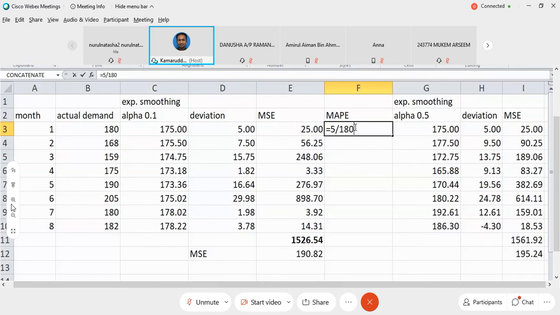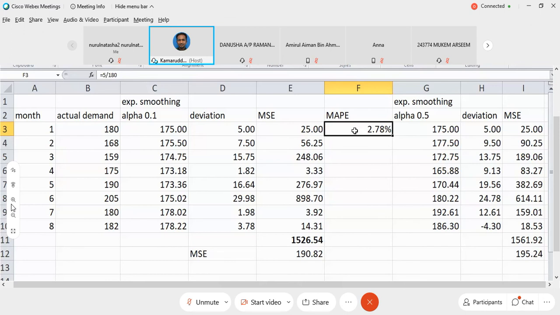Jadi kita akan dapat nilai percentage 2.78. Sebab saya dah set gunakan Excel ni mudah. Kita set pada Excel tersebut untuk dapatkan value percentage.